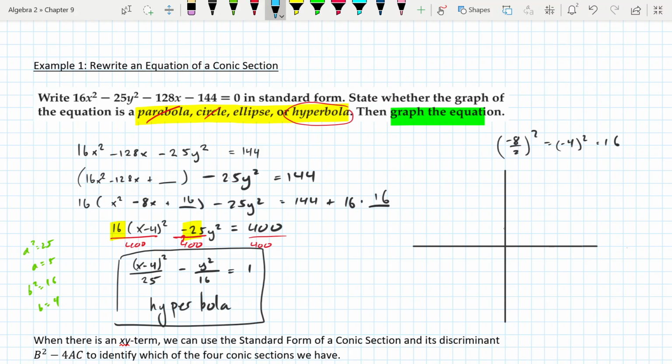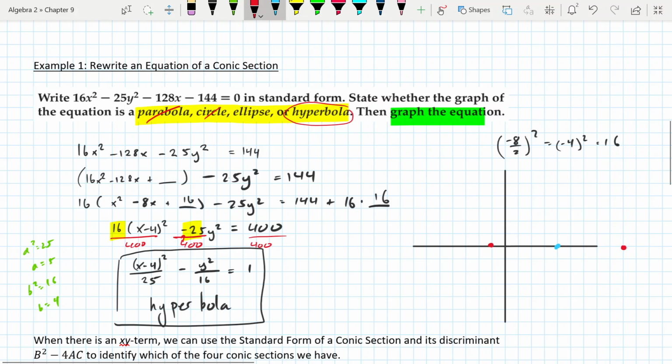So I'm going to draw it with the blue dot. (4, 0). There's my center. And now, since it is an x squared that's positive, that means the transverse axis is horizontal. So I'm going to count left and right 5 points. 1, 2, 3, 4, 5. All right. That's my vertices.